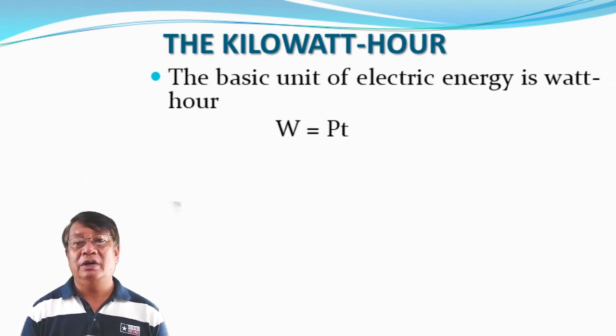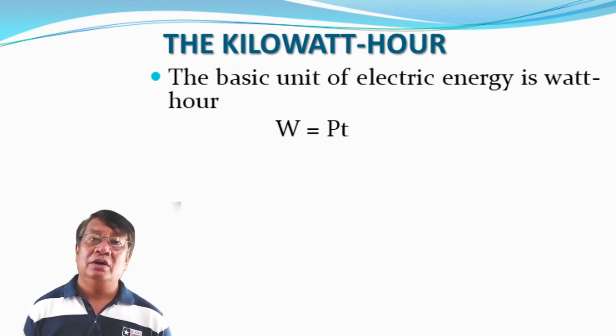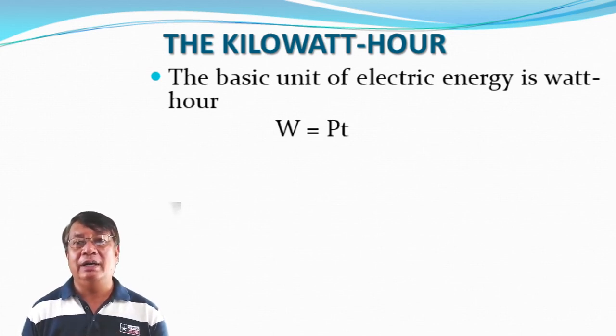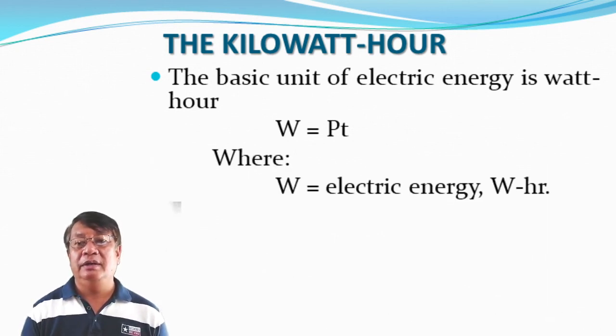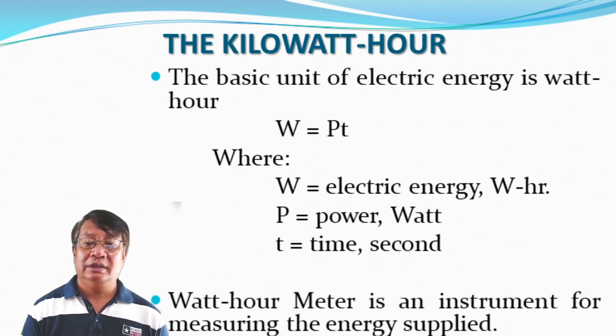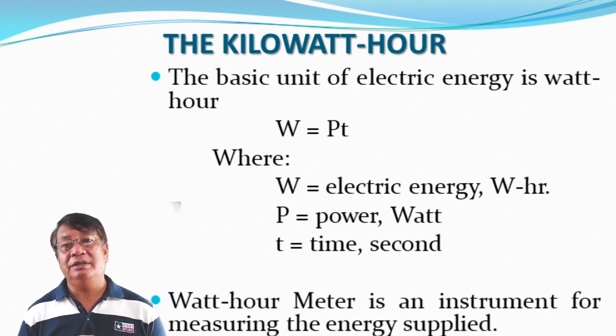Electric energy is equal to P times T, the power times time. So electric energy is the product of the power and the time. The electric energy is in watt hour, P is in watt, and time is in hours.